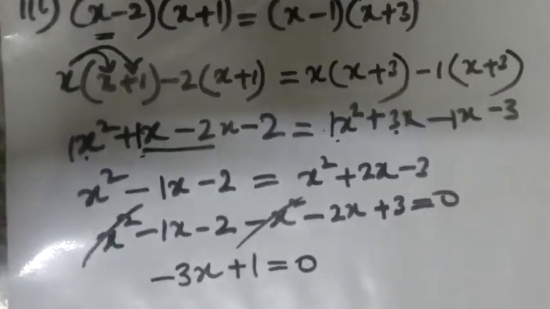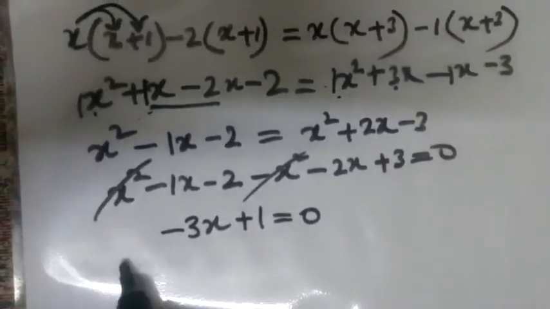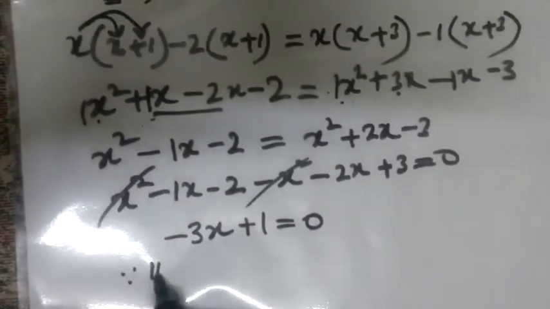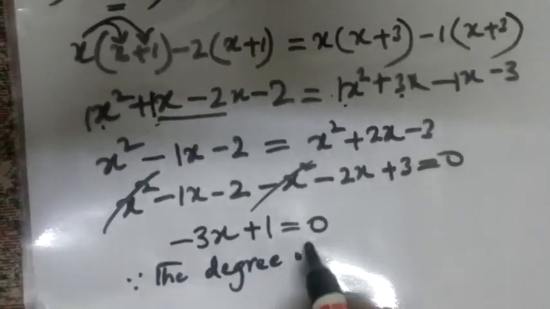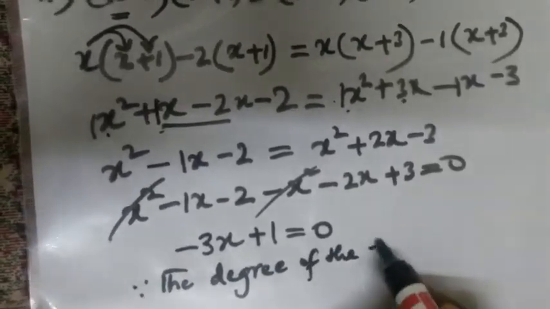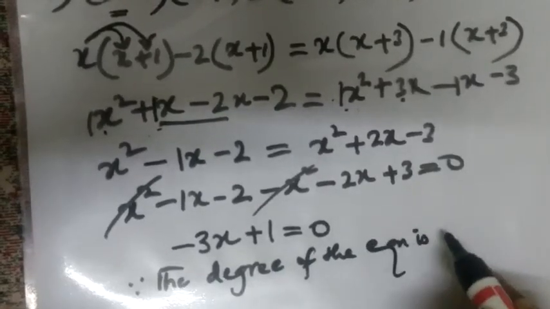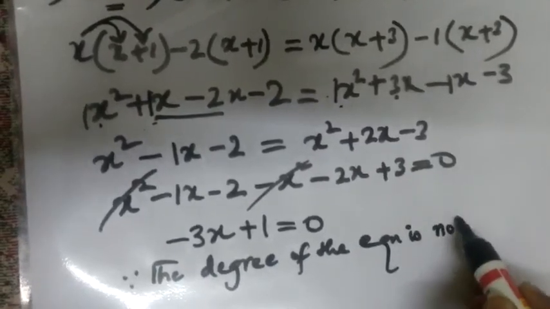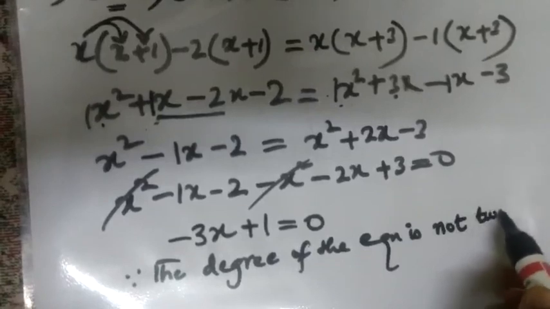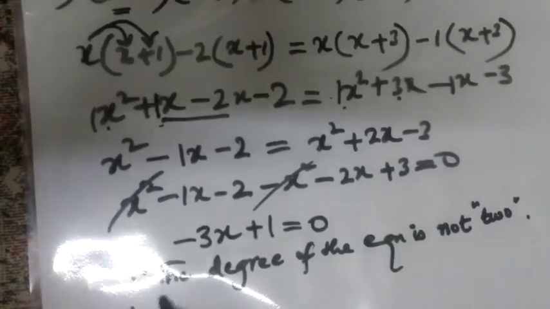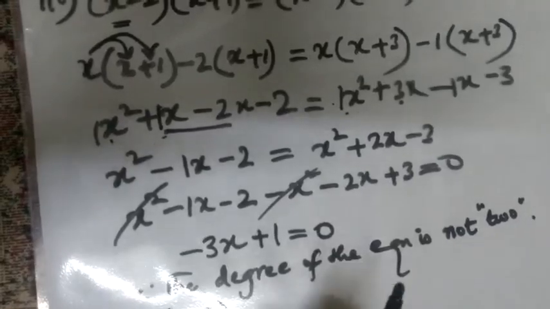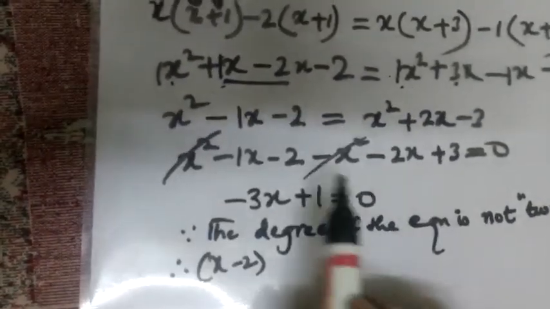So what is the reason you will be giving here? You will be saying that since the degree of the equation is not 2, therefore... x minus 2, please write the question, don't write this equation.